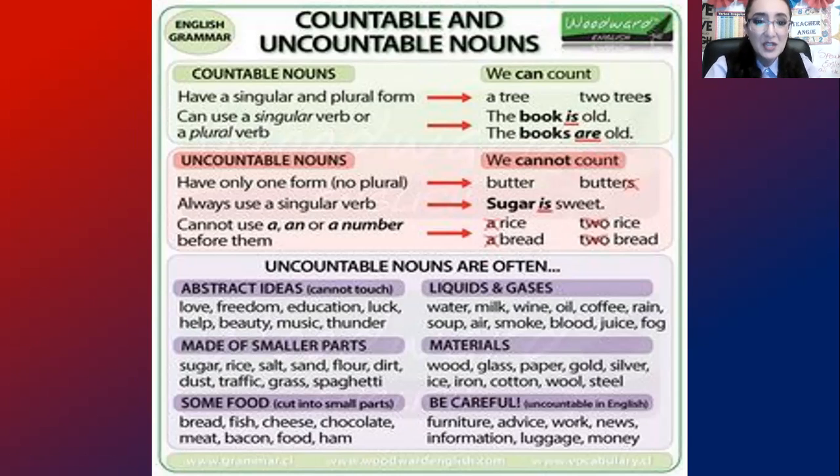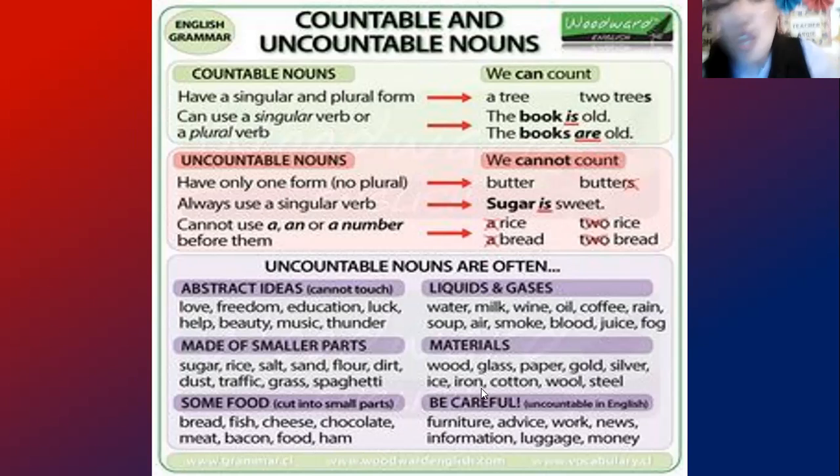Some food that you can cut into small parts like bread, fish, cheese, chocolate, meat, bacon, food, or jam. Everything that you can cut into small pieces or parts is going to be uncountable. Liquids and gases are also uncountables. Some materials like wood, glass, paper, gold, steel.